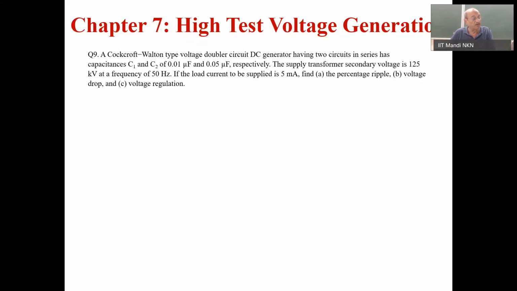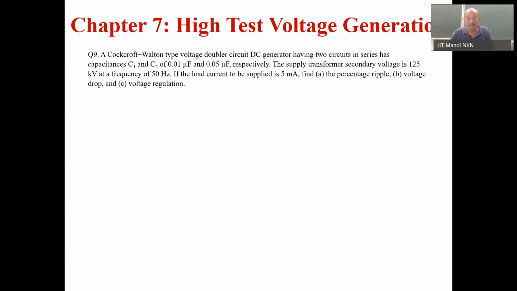C2 is the smoothing capacitor, which we have denoted in the multi-stage generator as C1 prime. So C1 and C1 prime we have given the designation. If you have your notes, you can open them and you will know that.